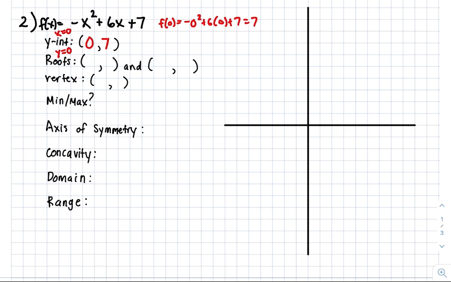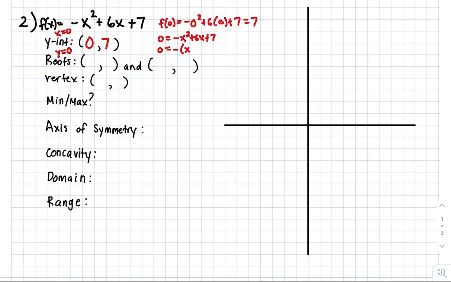Roots. Now remember, this is where y is equal to 0, and roots is the same thing as x-intercept, which is the same thing as solving for your zeros. So we're going to set f of x equal to 0 and solve. Now, notice there's a negative sign, so I'm going to pull a negative sign out from the whole equation.